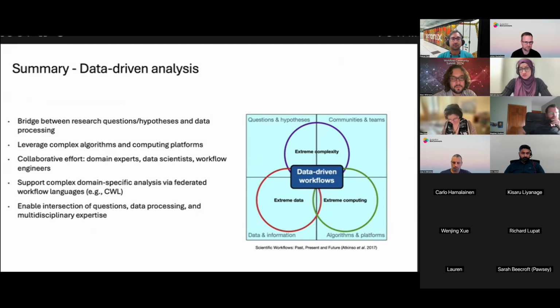The answers to these questions are found by processing data and information, often through very complex algorithms and computing platforms. We can only achieve this if we allow joint efforts between domain experts, clinicians, data scientists, and, most importantly, I would say, system engineers.